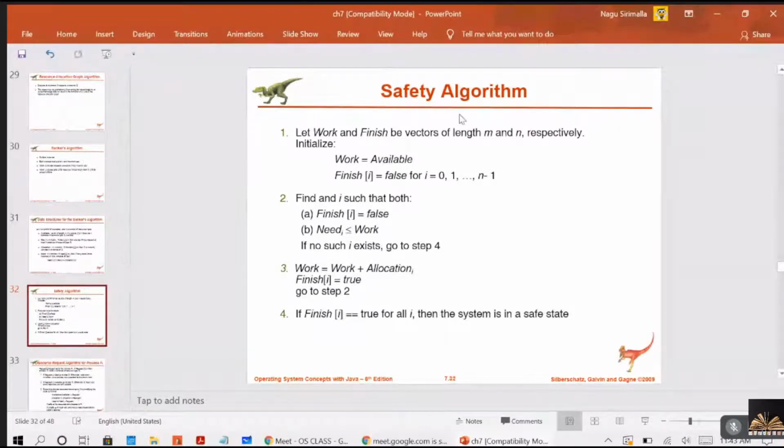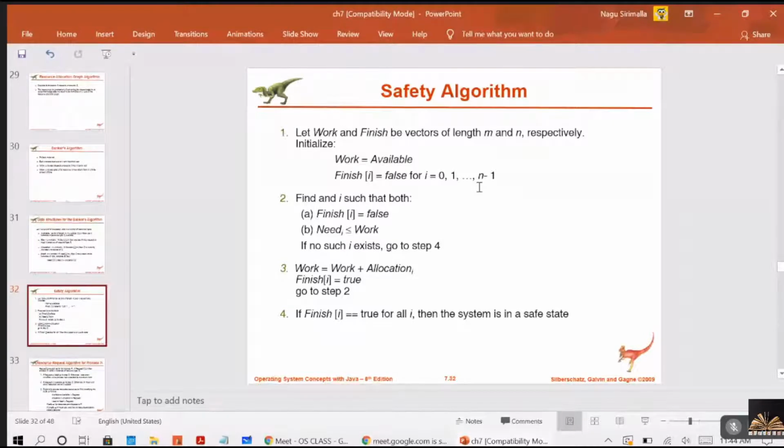Let work and finish be vectors of length m and n respectively. I'm using two vectors, work and finish. So work will hold the available resources, right? Work will hold the available resources. So finish of i is equal to false for i is equal to 0, 1, 2 up to n minus 1.